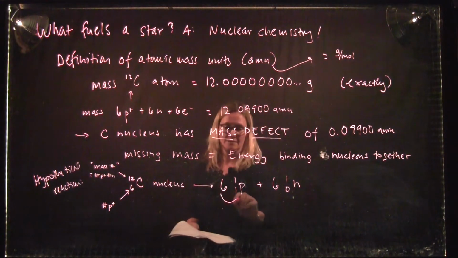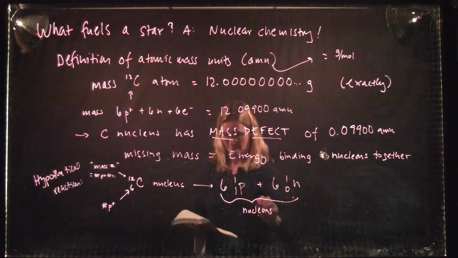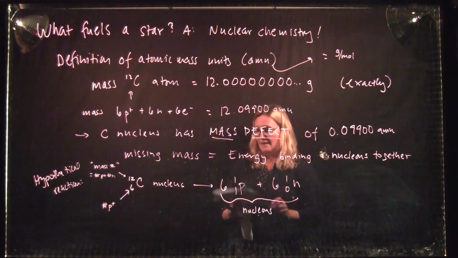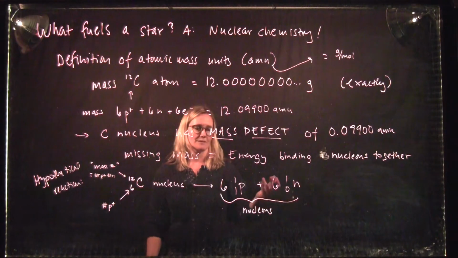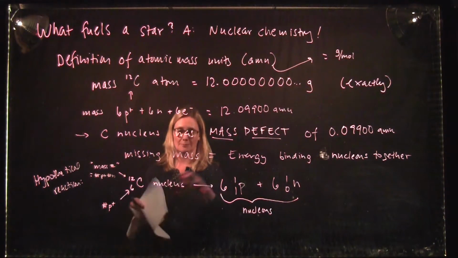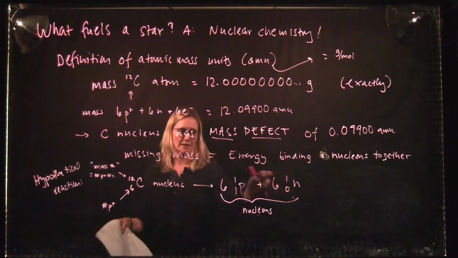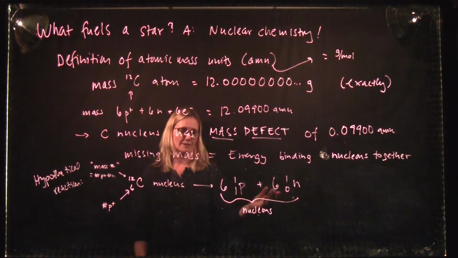These are just to remind you of the terminology that we've been using, these are the nucleons. This is the reaction you're doing when you blast apart a nucleus. So if we are overcoming the strong force that holds the nucleus together and breaking it up into these constituent pieces, that's this hypothetical chemical reaction.